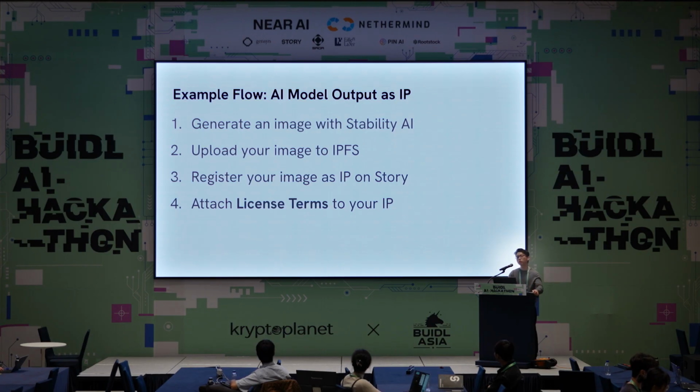And then people who want to use that image could come to Story, mint a license token, and use it for their IP, create a derivative IP, use it in their movie or something. And when they make money, they can pay you the royalty share.